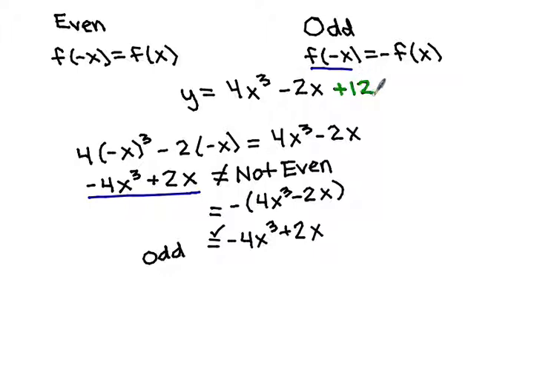If I had done plus 12 at the end, obviously this is still not even. And then if this was a plus 12 at the end, we would have plus 12 on that side, but this would be a negative 12. So those would not match up. Then it would also be not odd. So something like that. So that's the first page.